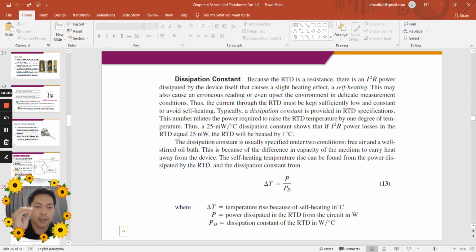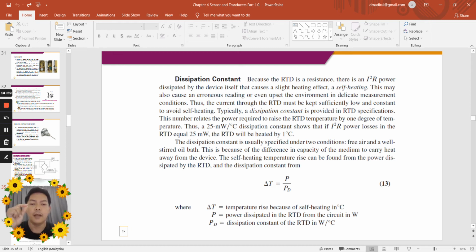The self-heating temperature rise can be found from the power dissipated by the RTD itself and the dissipation constant, and can be represented by the equation below, where delta T represents the temperature rise because of the self-heating in degrees Celsius.